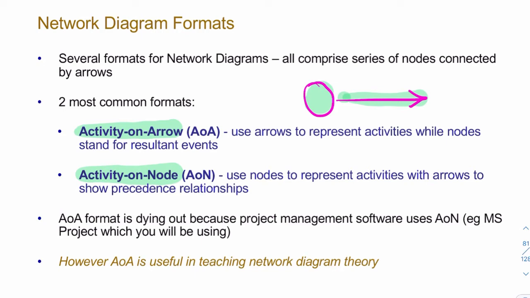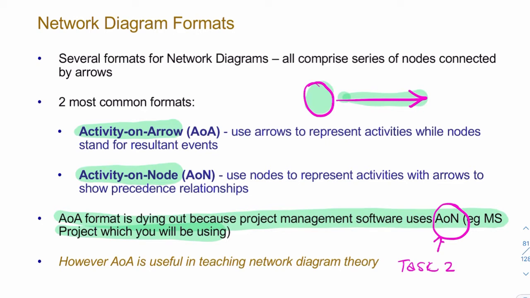We will be using AOA, even though it's being phased out. AON, that's what you'll be using on your tasks. That's what Microsoft Project uses, so that's what you'll be using for task 2 on Microsoft Project.